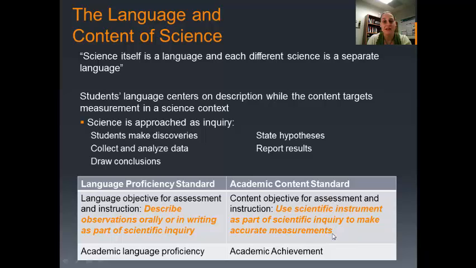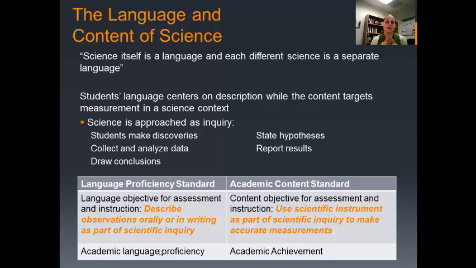So you can tell that in this lesson, the whole purpose would be for students to understand and showcase their ability to use an instrument during an experiment. The language objective is very separate to that, very different, but equally as important, if not more important, which is: describe the observations of that experiment, orally or in writing, as part of that scientific inquiry.